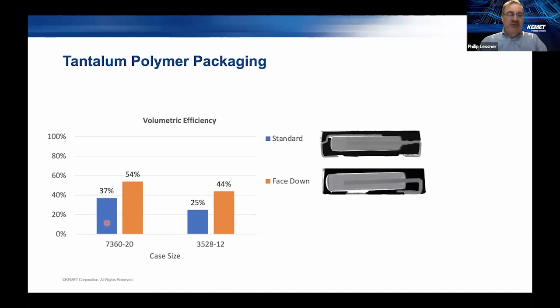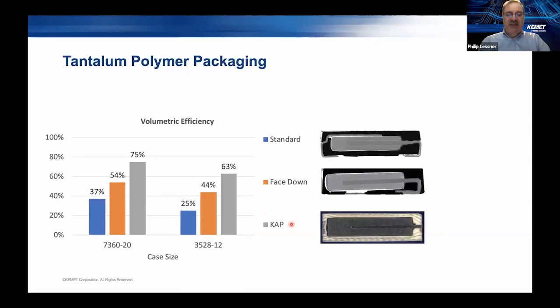And that can improve the volumetric efficiency from 37% to 54% in the case of the larger footprints, and 25% to 44% in the case of some of the smaller footprints. So we can go from using a third or a quarter of the package to using almost 50% of the package with the face down configuration. But that still means that, you know, half the package is not being used for the active capacitor.